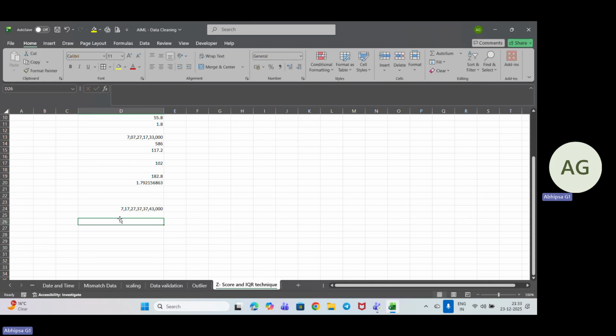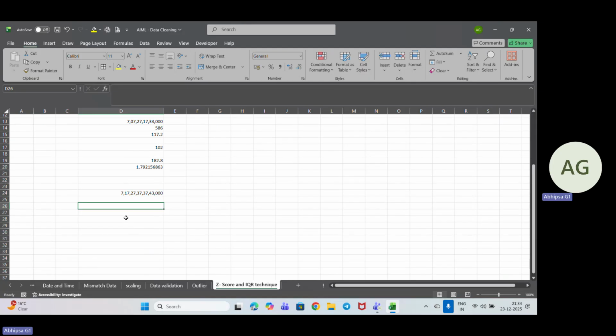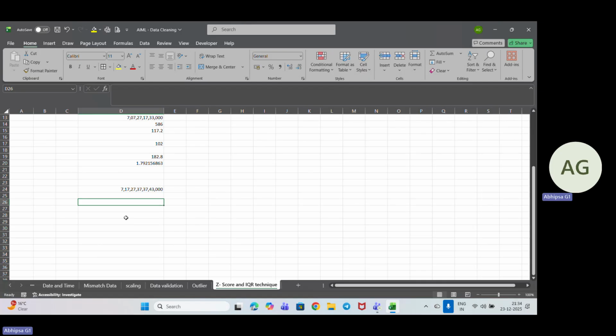In that case, my Z score will be coming way too much higher, right? So we can definitely figure out that this 300 is of course a value that is way too huge. So in that case, we have to take the Z score accordingly. This is how we are going and finding out the Z score values.